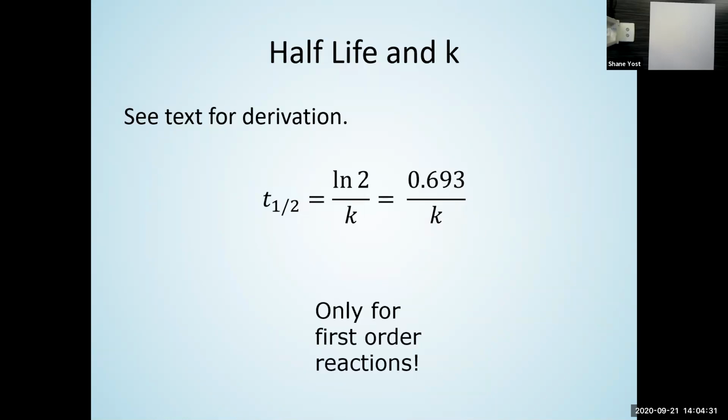Which should make sense: the rate constant is related to the speed of the reaction. So the faster your reaction, the larger the rate constant, the less time it takes to get to half the initial concentration. Conceptually, it should make sense that these things are inversely related.